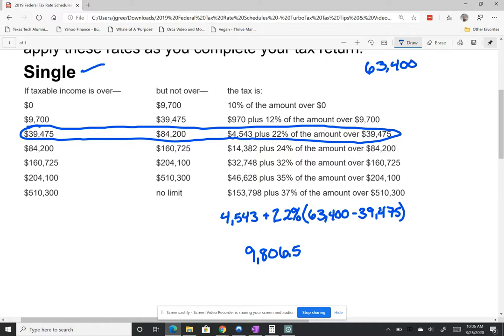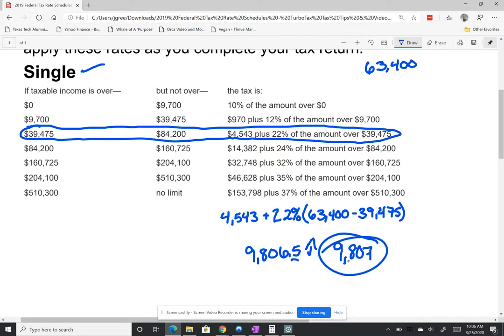And I mentioned before, what do we do? We round up. So it's really 9,807. Okay. It's always going to round up or it's going to round down. That's just when you file your taxes electronically, it will take care of that rounding up, rounding down. So we're just going to go ahead and round up as we should at the 50.